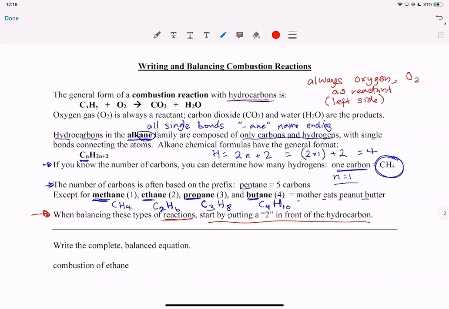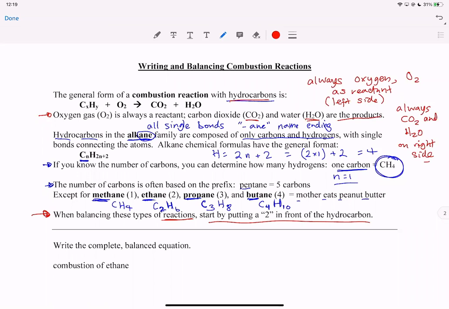And then the product side is always going to be the same. Going back to here, oxygen is always a reactant, and carbon dioxide and water are always products. So you're always going to have CO2 and H2O on the right side. Those are the product side. So the products are on the right side.